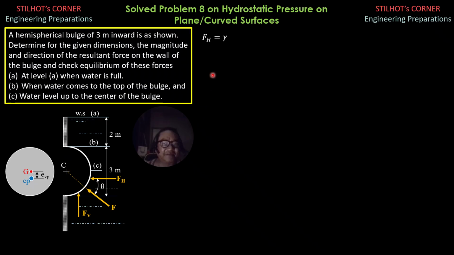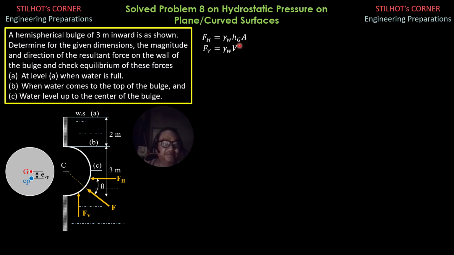So Fh is specific weight of water, h_g, area. h_g for part A is 2 plus half of 3, so 2 plus 1.5, so 3.5, and the area is the area of the circle, pi r squared, pi times 1.5 squared, and that's 2.25 pi square meters. Fv, on the other hand, is specific weight times volume.